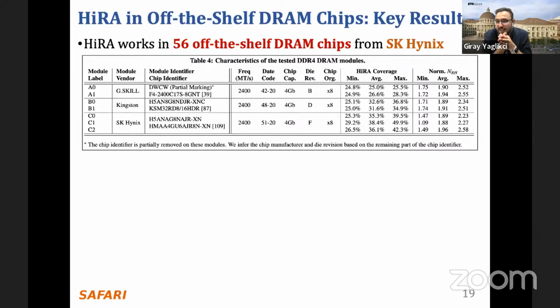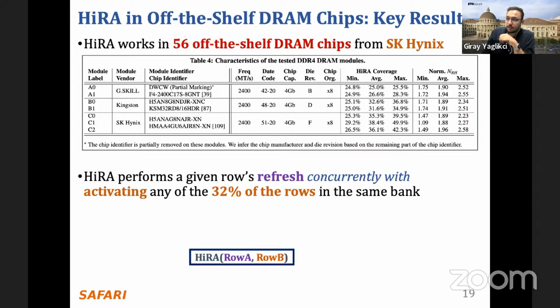So there's a chance that you can end up with one of these DRAM chips when you randomly buy a DRAM module. I will not go into details about the numbers in this table, but I will highlight a few.